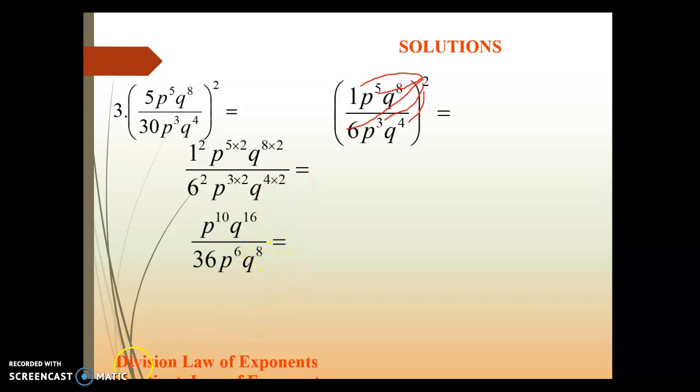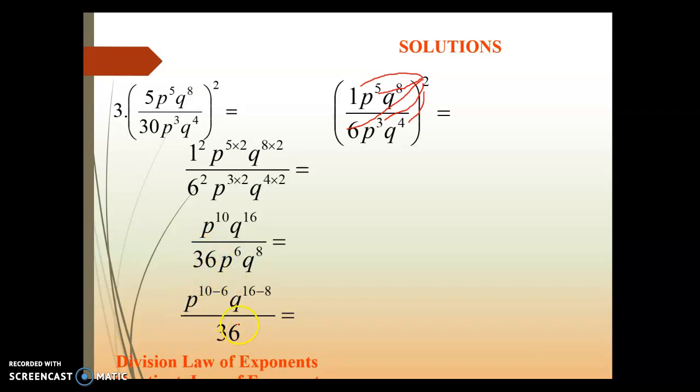Next thing is you're going to apply the division law of exponent. Then subtract the exponent. So 10 minus 6, then 16 minus 8. So Q to the 16 minus 8, P to the 10 minus 6. Sir, why is 36 still in the denominator?